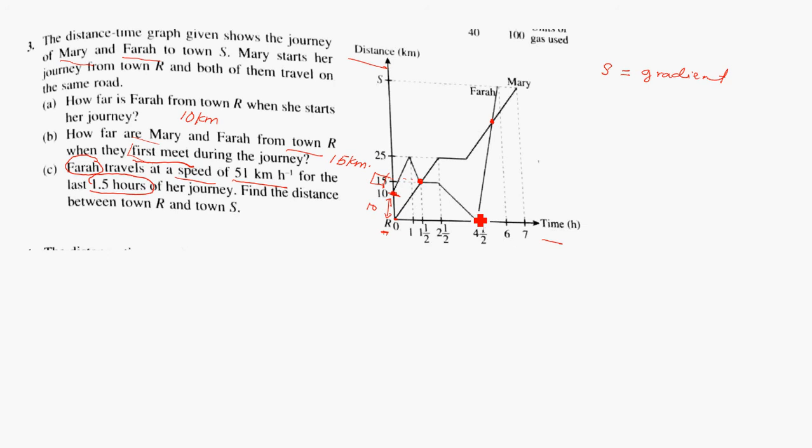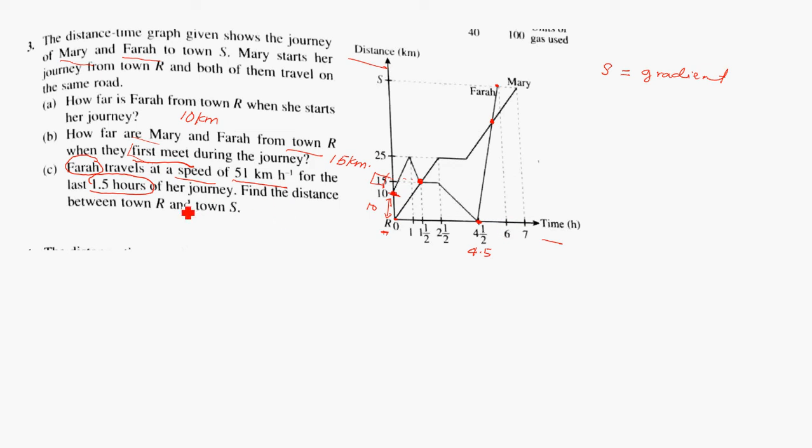The last part of the journey, until here, is a straight line. Last 1.5 hour: this is 4.5, 4 1/2 is 4.5, and this is 6. So this is the last 1.5 hours.